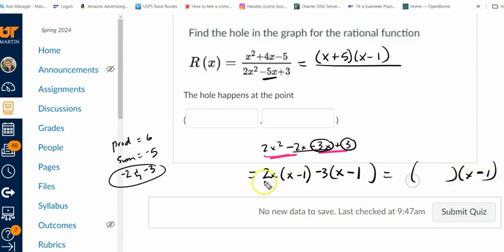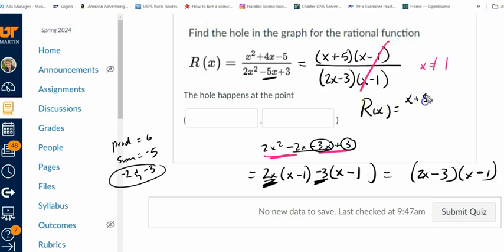Then what goes in here? 2x minus 3. So I can make this cancellation provided x is not equal to 1. So my refined function is x plus 5 over 2x minus 3 if x is not equal to 1.